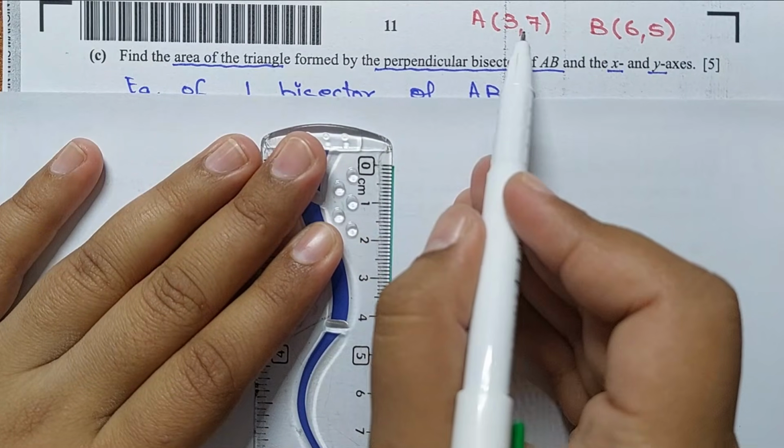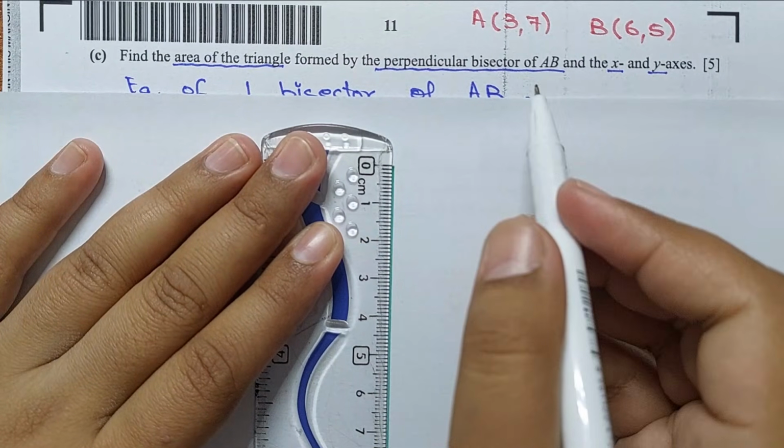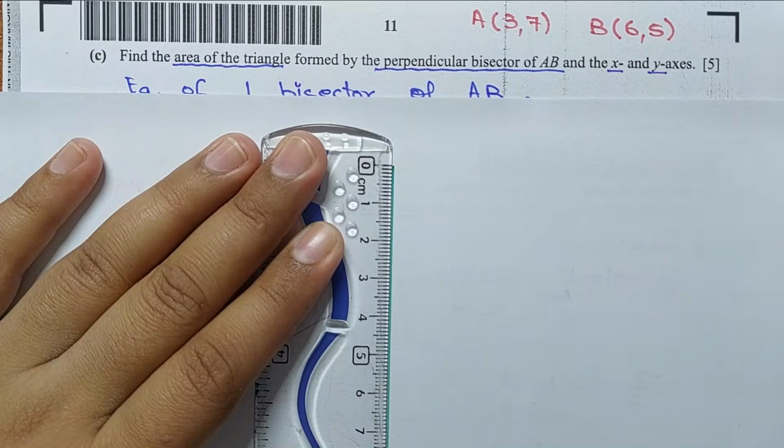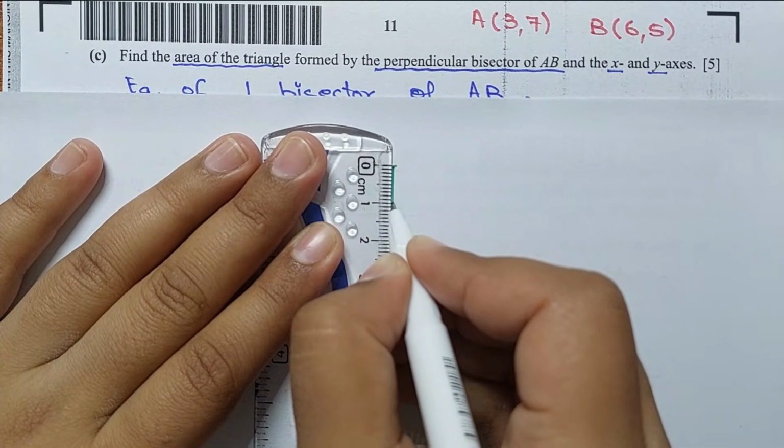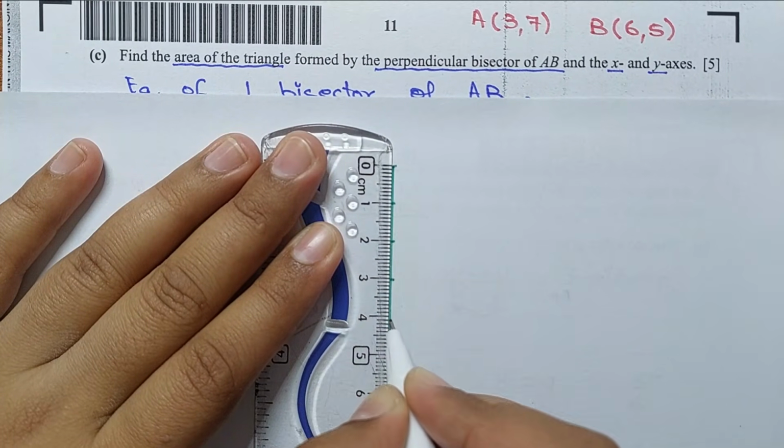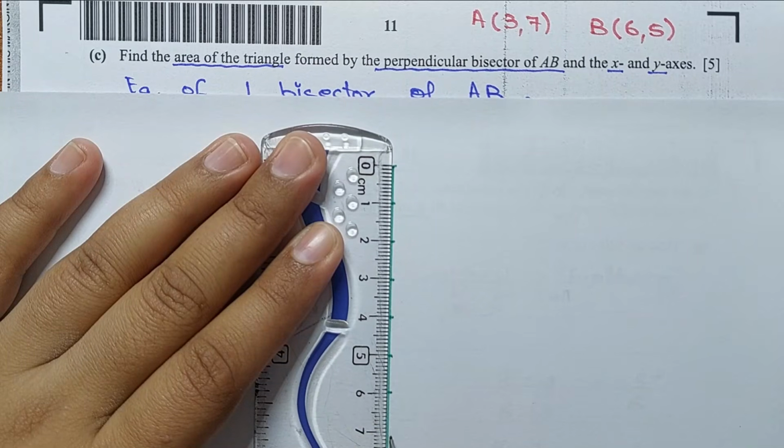This is for the y-axis. Okay, 0 1 2 3 4 5 6 7 8 9 10 11 12 13 14 and 15.